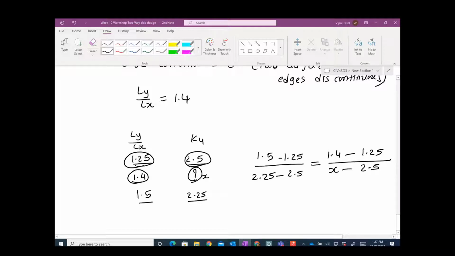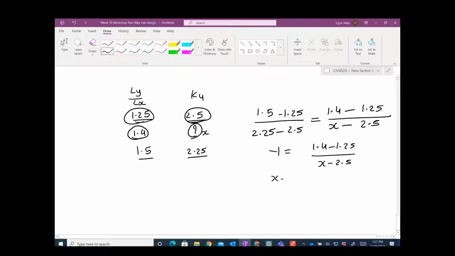If I just use the calculator, 1.5 take away 1.25 divided by 2.25 take away 2.5, you get -1 here. So 1.4 take away 1.25 over x take away 2.5 equals -1.